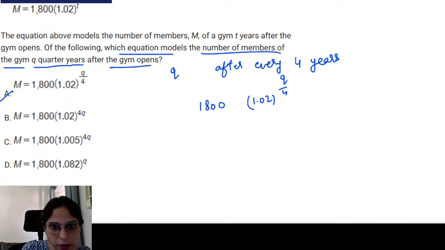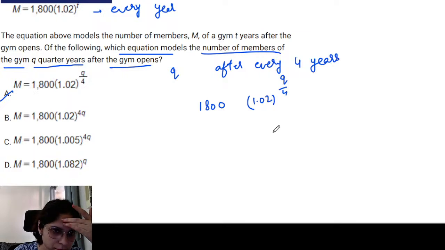So t will be equal to, so over here this is for every year. So you should get 1.02. So after every 4 years you should get this much. Alright.